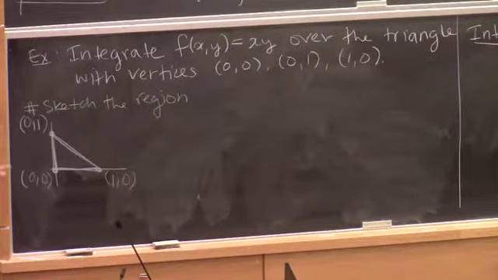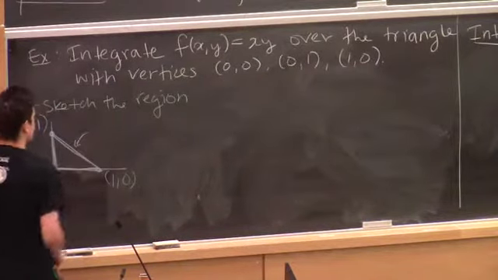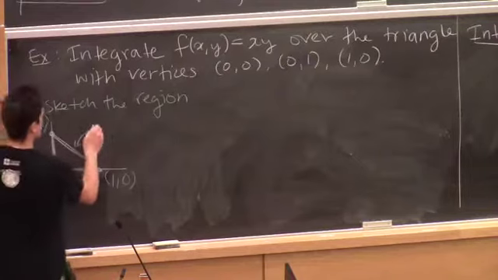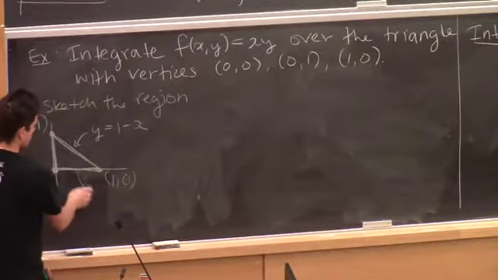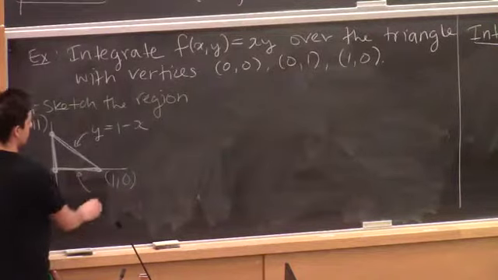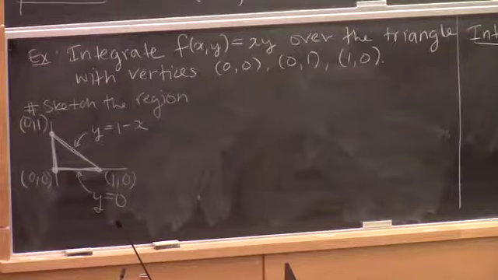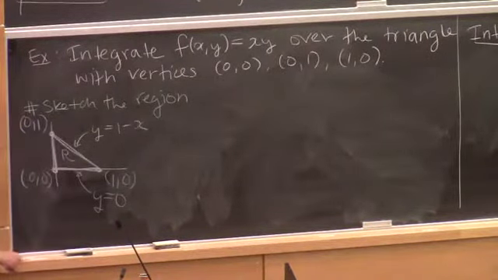Okay, and now it's not clear if this region is simple or not, so we should introduce some functions that are the bounding functions. Okay, so here we've got a straight line that bounds our region, and that's the line y equals 1 minus x. And then here our bounding function is y equals 0. And the region that we want to integrate over is the inside of that triangle there.